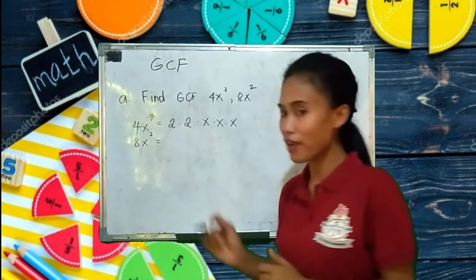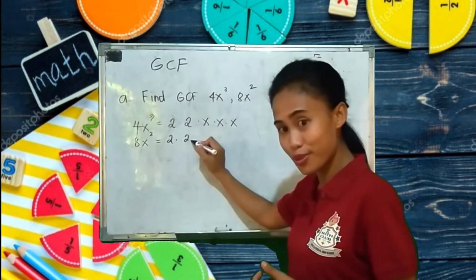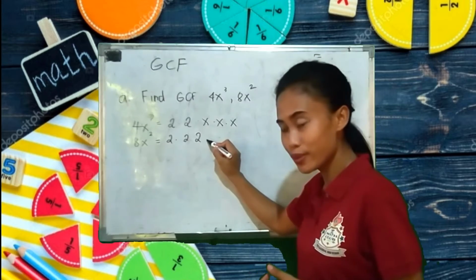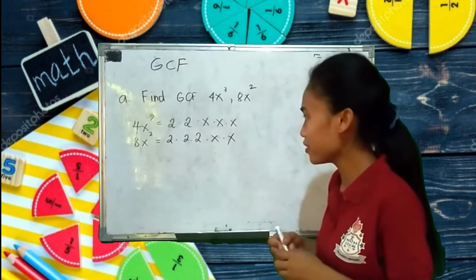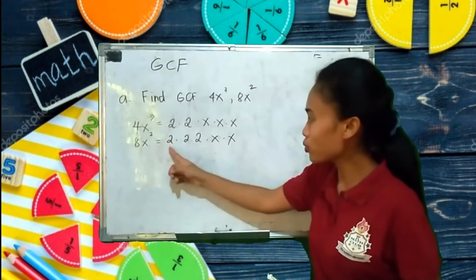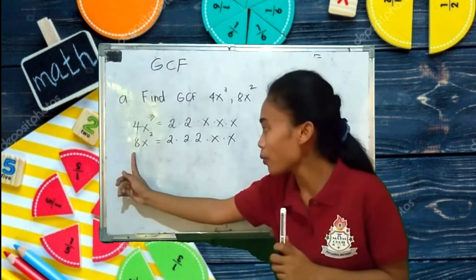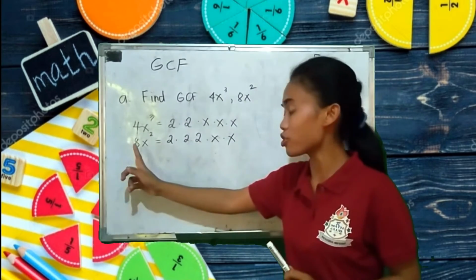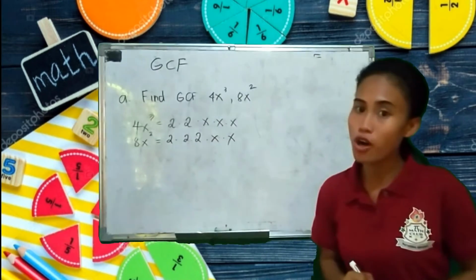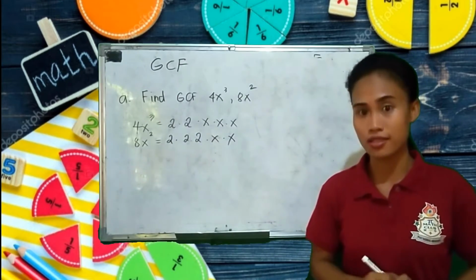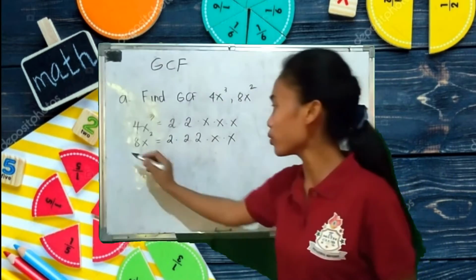When we factor that, it is equal to 2 times 2 times 2 times x times x. There you have it. So 2 times 2 times 2 is equal to our numerical coefficient, which is 8, and x times x is equal to our literal coefficient, x squared, or our variable. So how do we know the GCF?